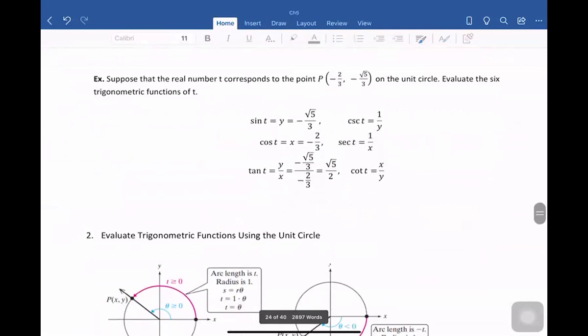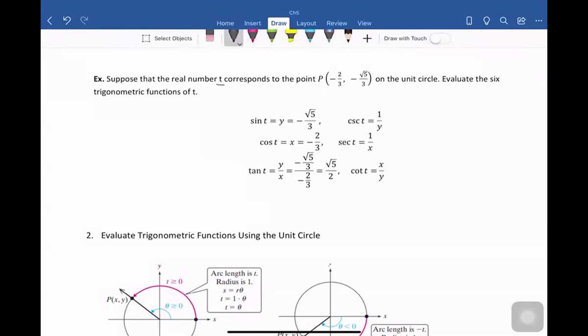See this example. Suppose that the real number t corresponds to this point on the unit circle. Evaluate the 6 trig functions of t. So we have learned that if they give us the point, the first one is cosine t, the second one is sine t.